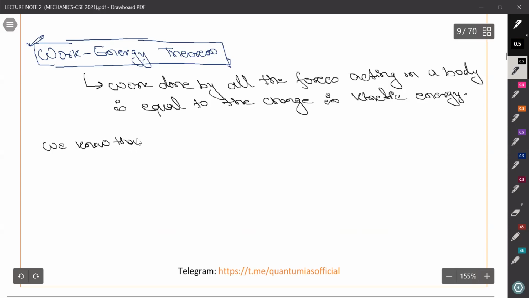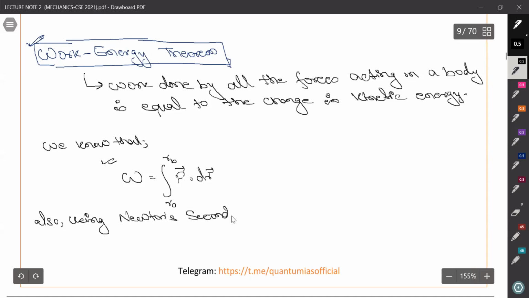Okay, so from the definition of work, we can write work as integration F dot dr from ra to rb. This we know. Also we need to write this using Newton's second law for a constant mass system.